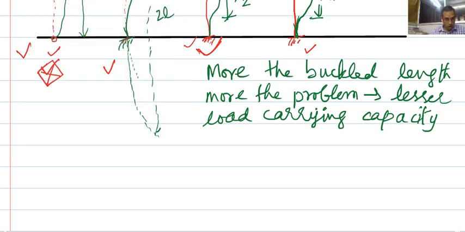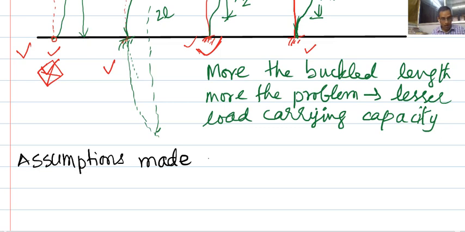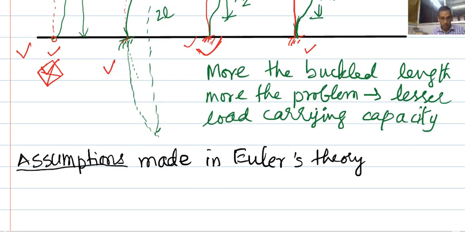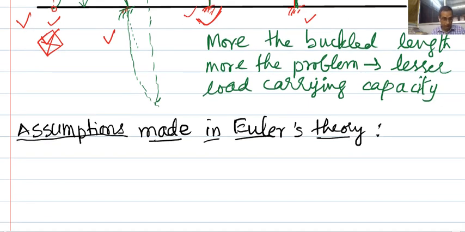So, what I want to do now is a discussion on the assumptions made in Euler's theory, very important, because any theory has some fundamental assumptions beyond which that theorem does not work. You must understand that, and you may get questions in the examination.